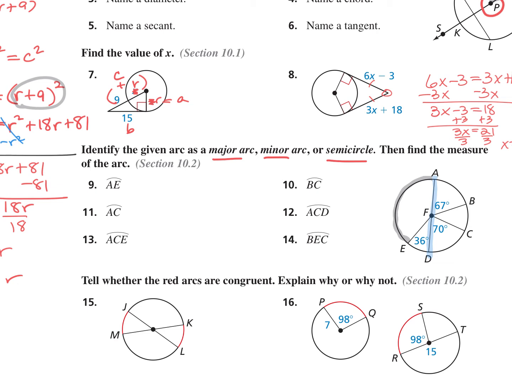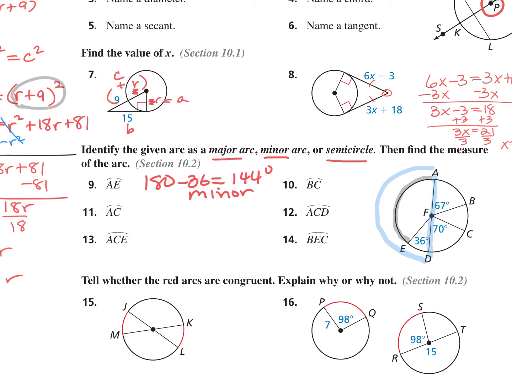I could realize that this is a semicircle arc, the AED, and then from there, all I have to do is 180 minus 36, and then the measurement of AE is 144. And notice it's less than half of the circle, which would make this minor. So again, be able to find the arc measure and also classify it.